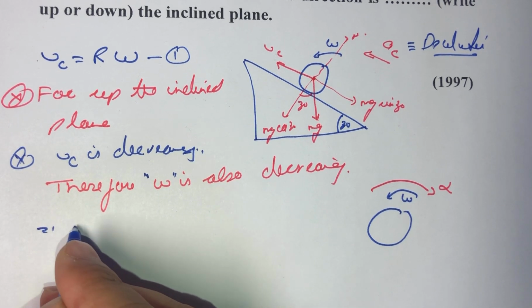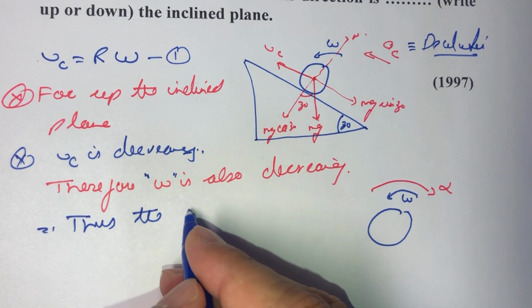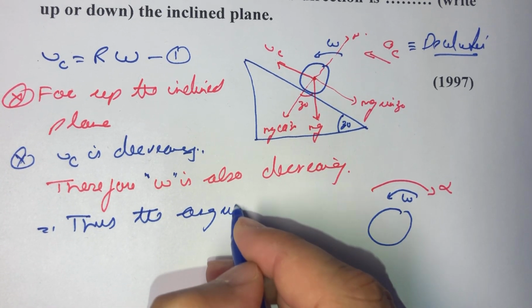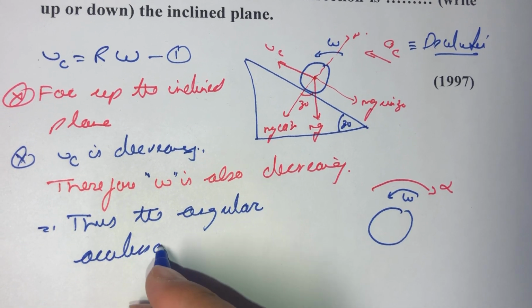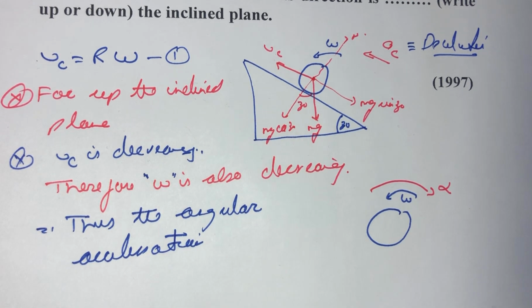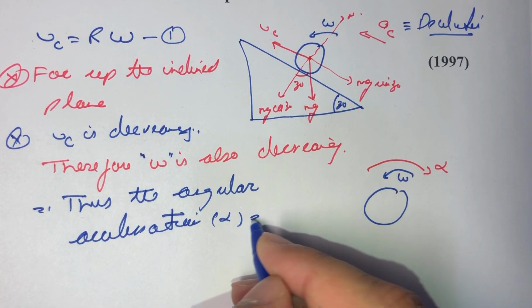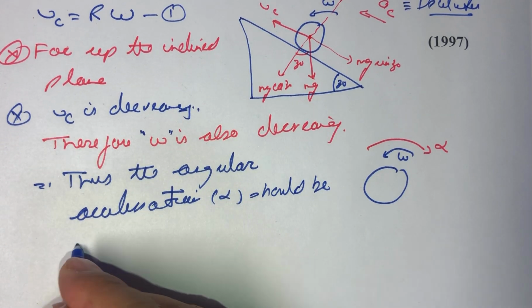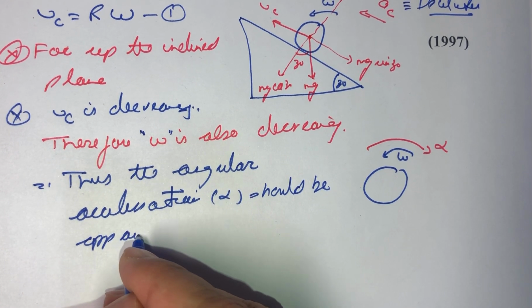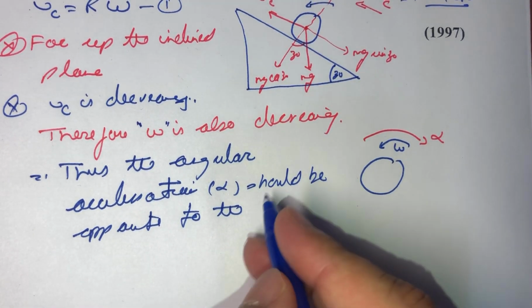Thus, the angular acceleration alpha should be opposite to the angular velocity omega.